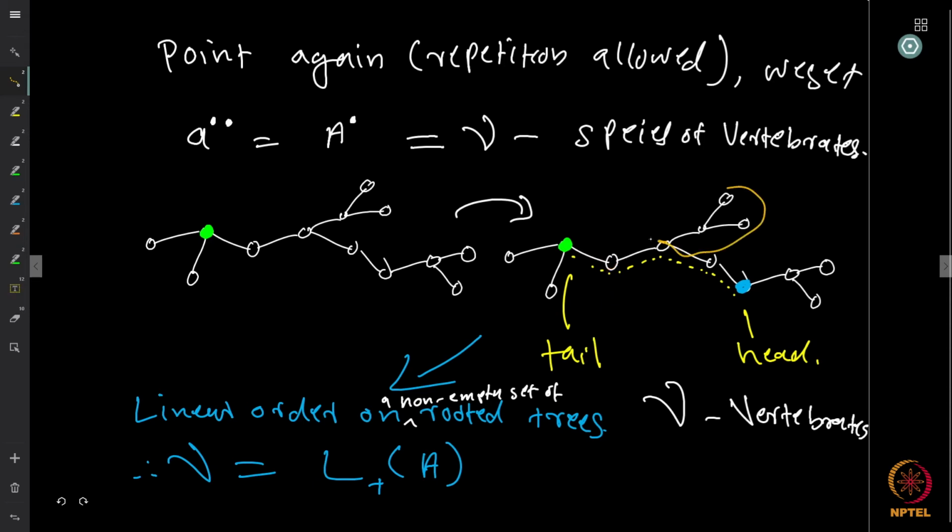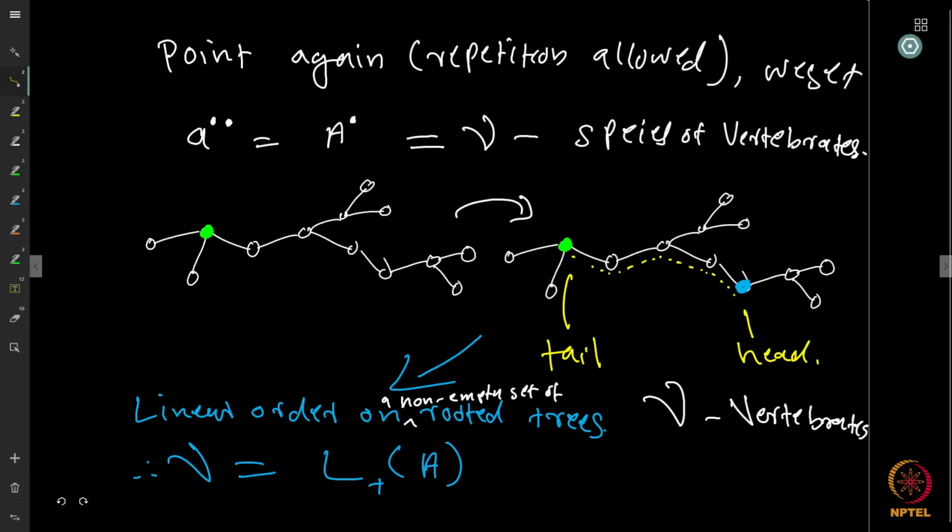Here is another rooted tree. So you can think of the vertices on the path as rooted trees, and you are putting a linear order on them, going in this particular order. So a vertebrate is basically a linear order on rooted trees.